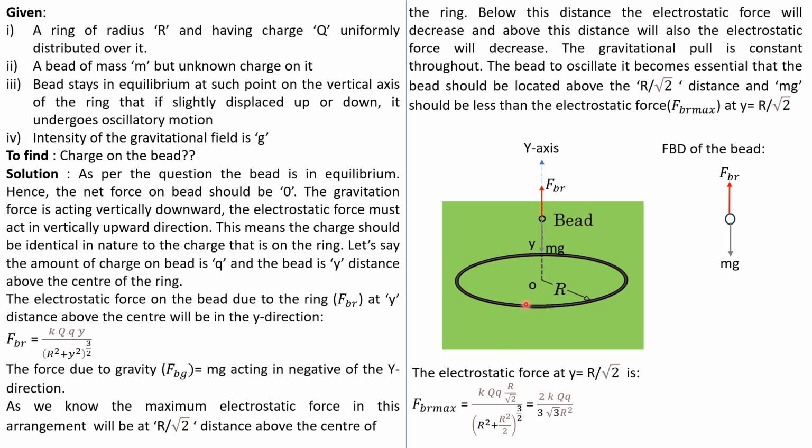So what will be the maximum electrostatic force on the bead in this arrangement? We will put y equal to r by root 2 and solve it. So we get F_BR max equal to 2kQq divided by 3 root 3 r square.